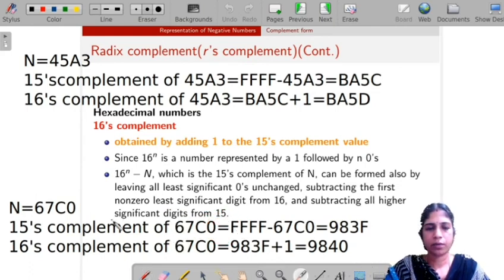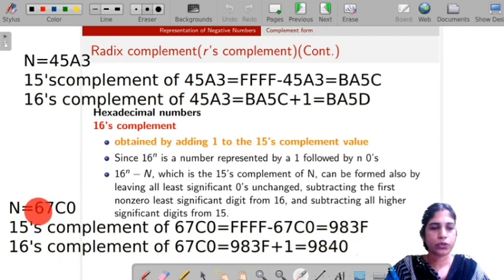The second method is, for the given number we scan from right to left for the first non-zero digit. Here the first non-zero digit is C. So 0 as such, then C is subtracted from 16. C is equal to 12, 16 minus 12, 4.